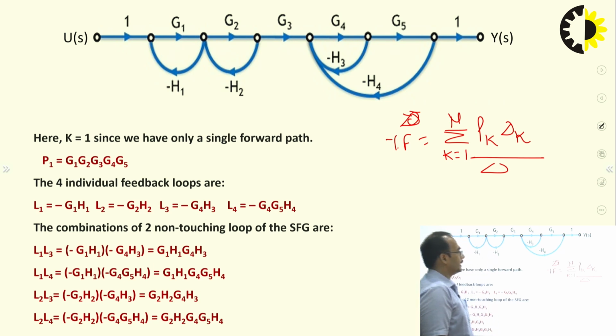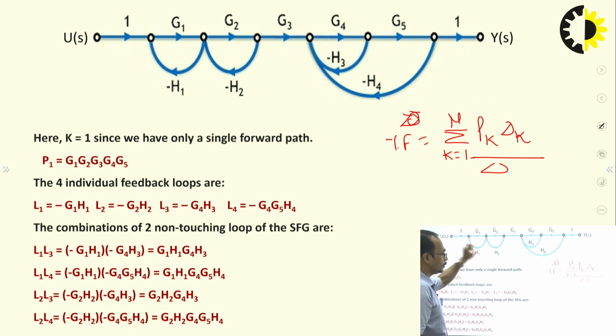How many forward paths are available? Only one forward path is available, which I have denoted by P1. Forward path P1 is equal to G1, G2, G3, G4, G5.